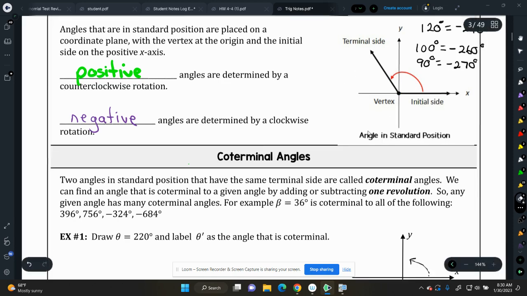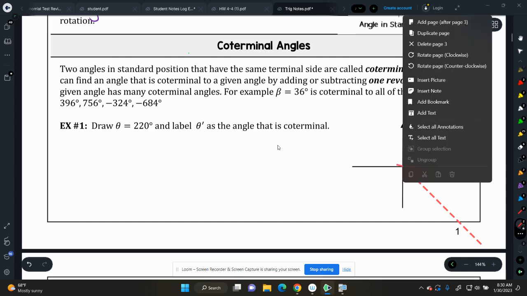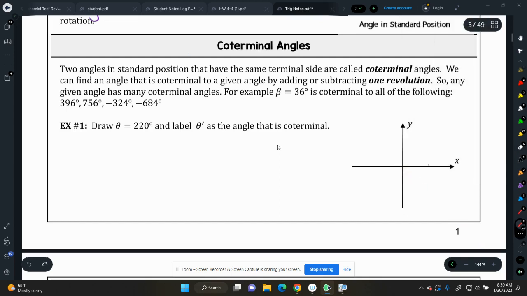So if I want to draw a 220 degree angle, here's my initial side right here. And then we rotate counterclockwise 220 degrees. Well, here's 90 degrees.